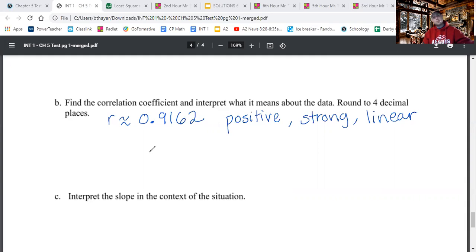So the more cups sold, the more money Dylan expects to gain in donations that day. So you could write that down as well, but we're really looking for these 4 pieces right here. The correlation coefficient, you noting it's positive, it's strong, it's linear. You could mention there are no outliers as well in this situation.